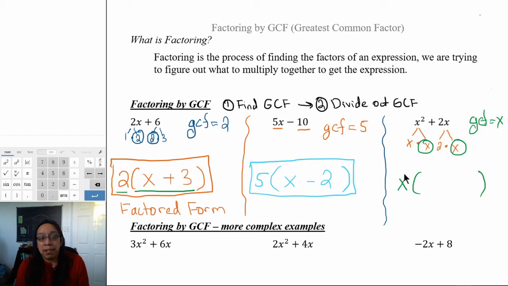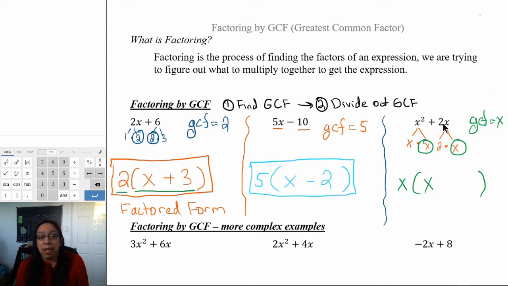Since we're dividing out x, we have to keep in mind our exponent properties. Remember that anytime you're dividing two of the same variable, you're basically subtracting the exponents of the variables. So for example, if you're dividing x squared by x, you're basically just subtracting them. 2 minus the exponent of 1 is going to just be x to the power of 1, or in other words, you just have an x left over.